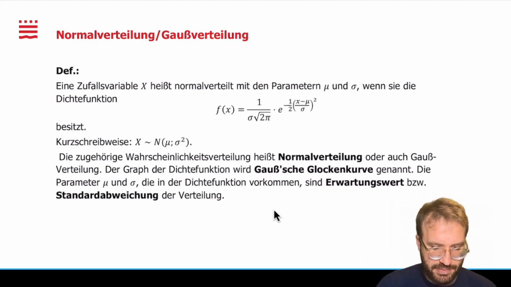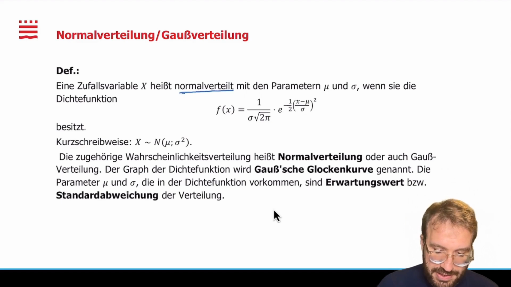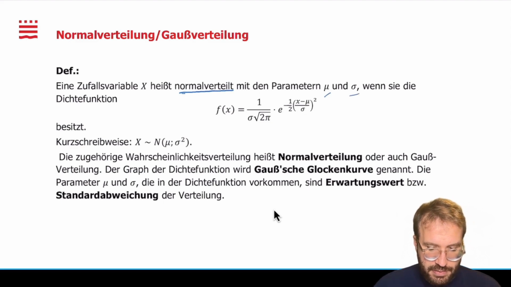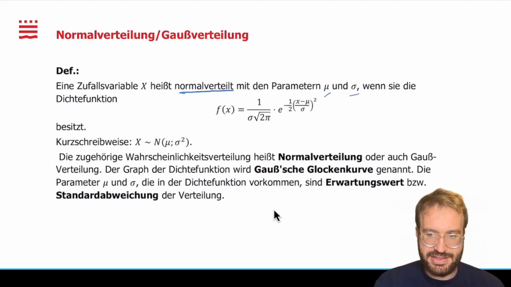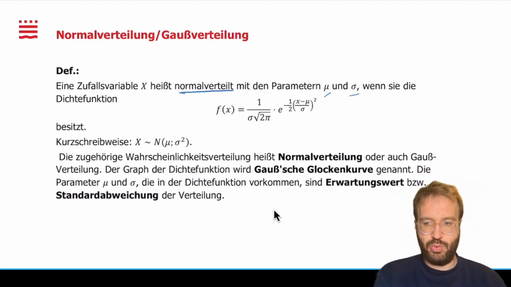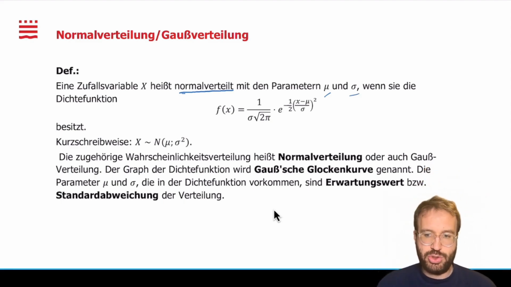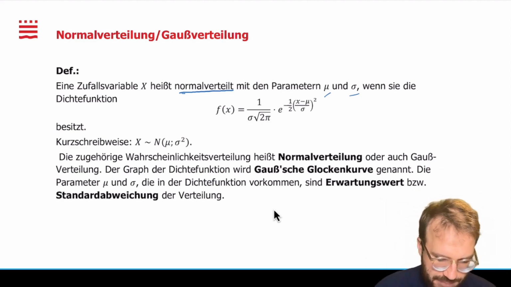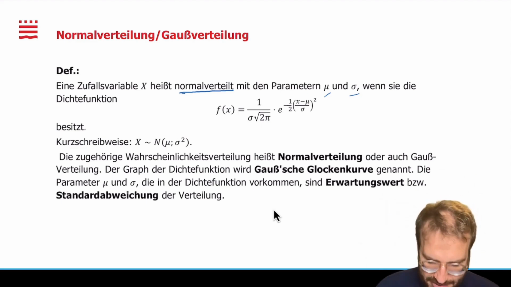So we call a random variable normally distributed with the parameters mu and sigma if it has the following density function. So we want to define the normal distribution not through the distribution function, but through the density function, which then clearly defines the distribution function.